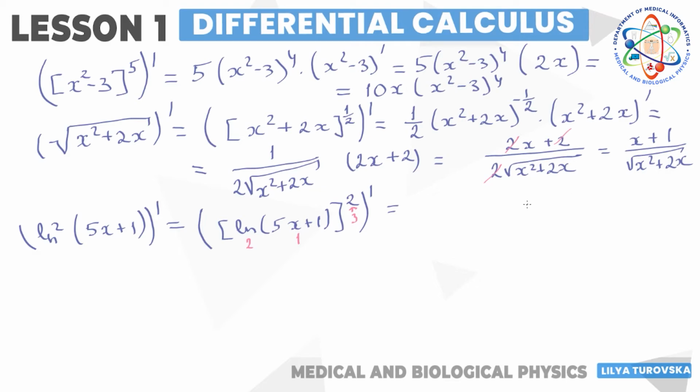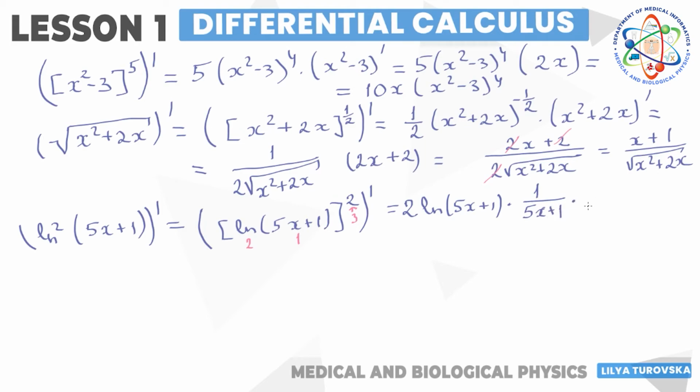But as it's called the chain rule, we should do it step by step. First of all, the derivative of the third function, the outside function. It's the power function. As x squared gives us the derivative 2x, so logarithm squared gives us 2 logarithm of 5x plus 1. And then we go to the second function, the logarithm. The derivative of the natural logarithm is 1 over x, but we have 1 over 5x plus 1.